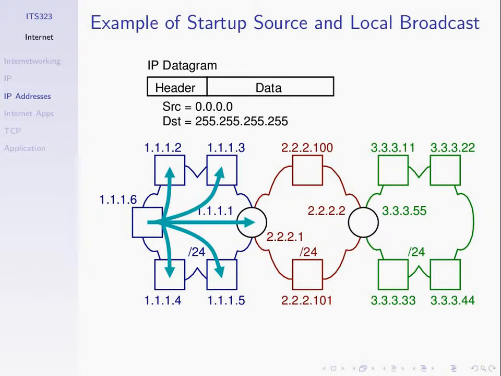So this is used in the special case when we don't yet have an IP address, but we need to automatically discover one. You set the source of the datagram to all zeros, called the startup source address, and you set the destination to all ones in binary, called the local broadcast address, and that datagram is sent to everyone on your network.